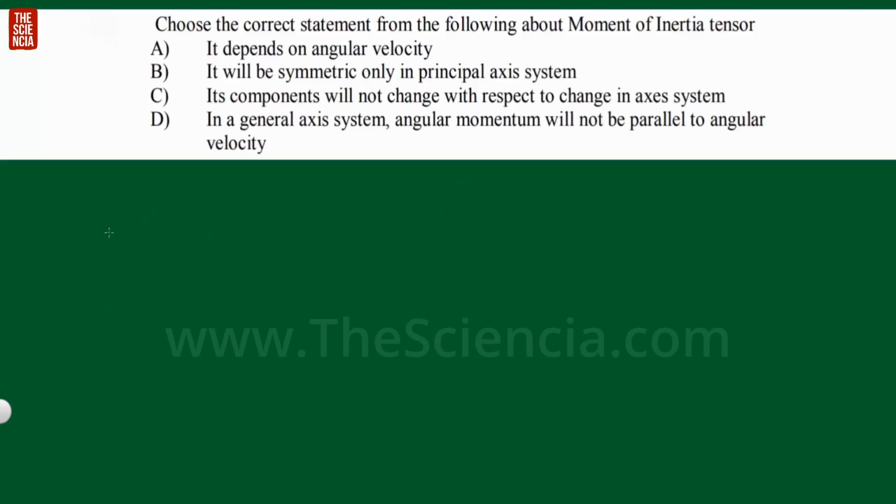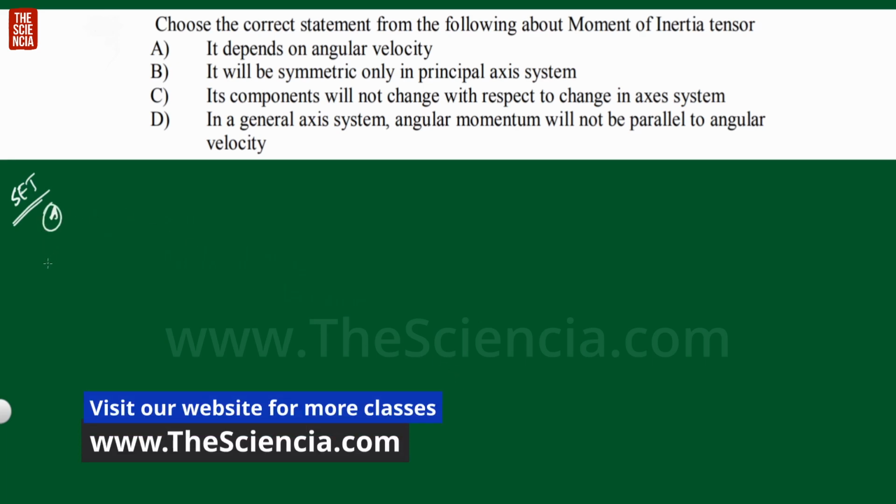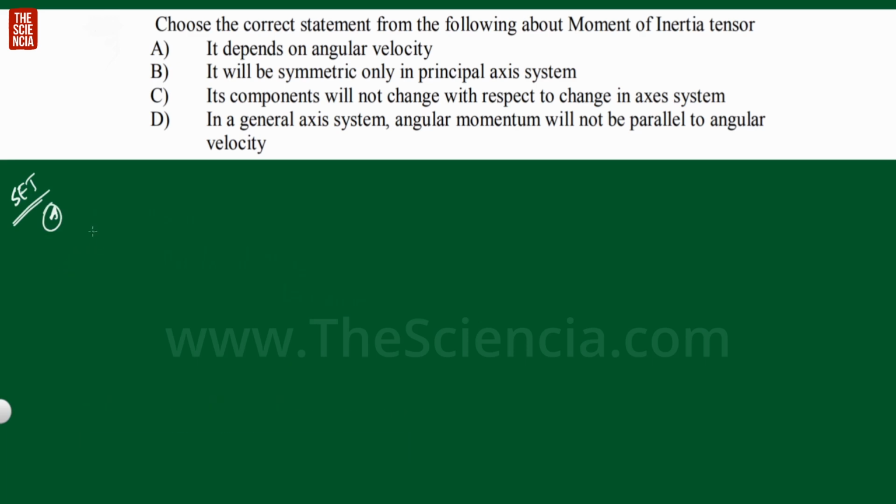Okay. Here, this is a previous set question. The question is, choose the correct statement from the following about the moment of inertia tensor. So we can check from option A. Option A, it depends on angular velocity. We know I is rotational mass, right? And mass is an intrinsic property, right?